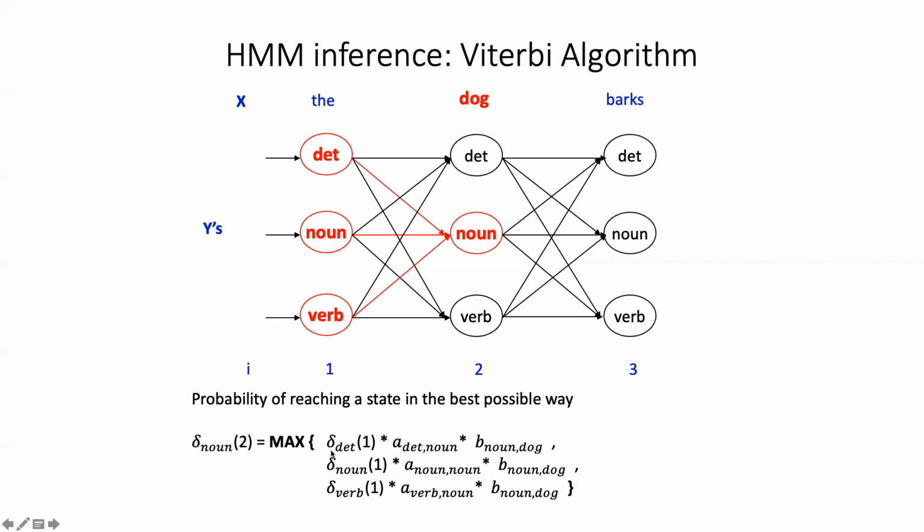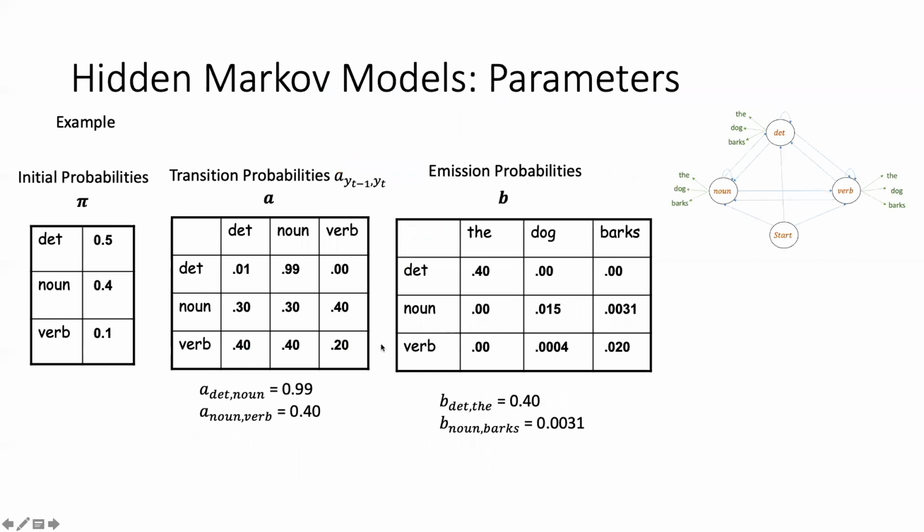So let's consider the previous values and substitute the values here. So these are the values. Recall that the emission probability of the word the being in the state noun is 0, and also the emission probability of the word the being in the state verb is also 0.